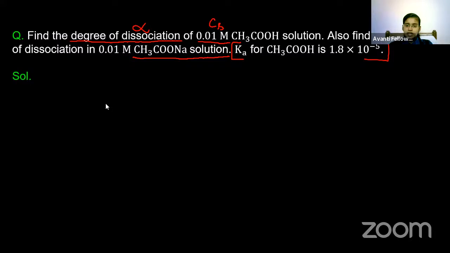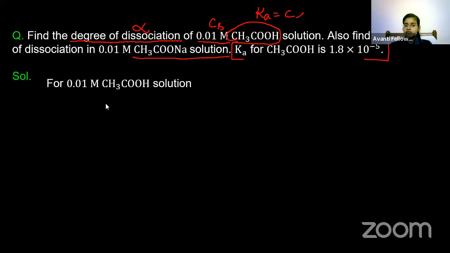First, let us find the degree of dissociation for CH3COOH. For 0.01 molar CH3COOH solution, we have studied how to find the degree of dissociation for a weak acid. It is Ka is equal to C alpha square.